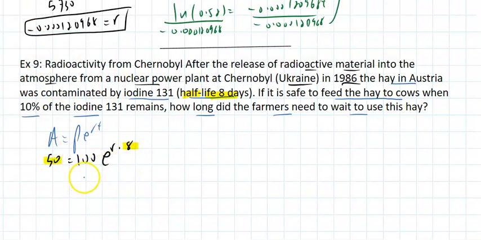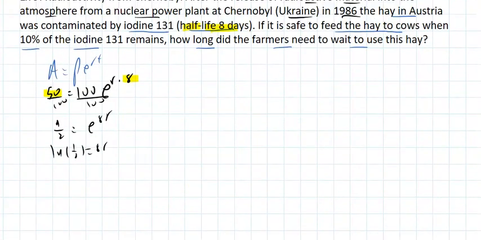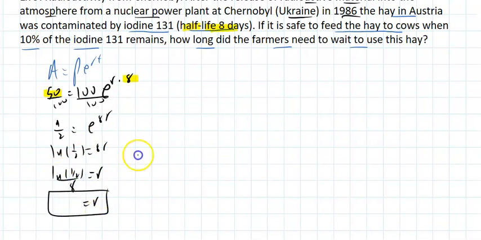So isolate that exponential function by itself, divide by 100 on both sides. 1/2 will be e to the 8r. Transform to log form. And r will be natural log of 1/2 divided by 8.